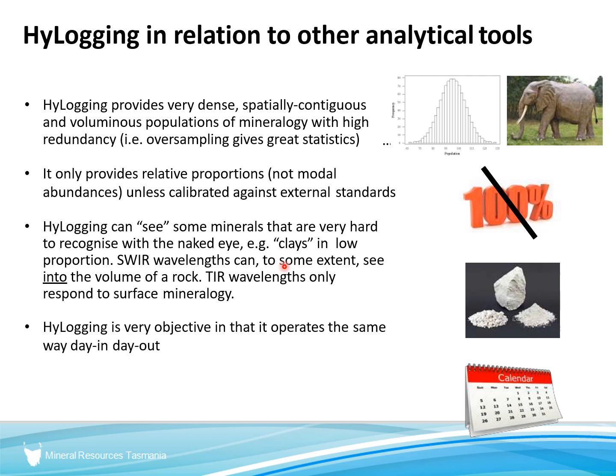But if there's tiny trace amounts of white mica in that quartz, that light bouncing around is bouncing around so much that it will get the imprint. It'll interact with the white mica, and certain parts of the spectrum will be absorbed, characteristic of that white mica. And so you will see the white mica in that rock, and it might look like a very strong influence because there's nothing else in there.